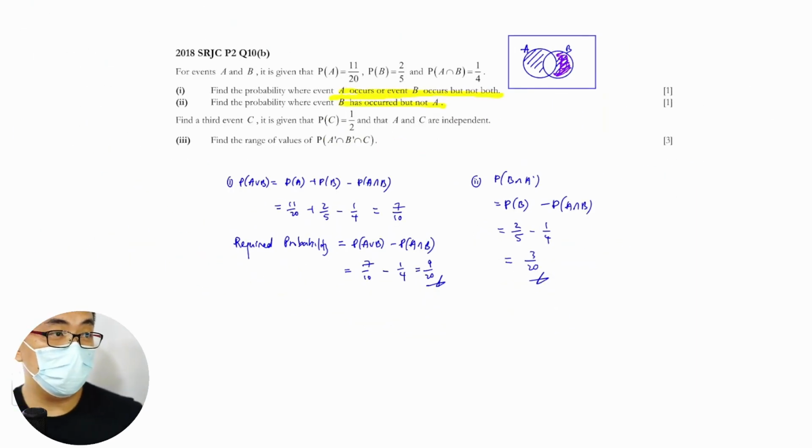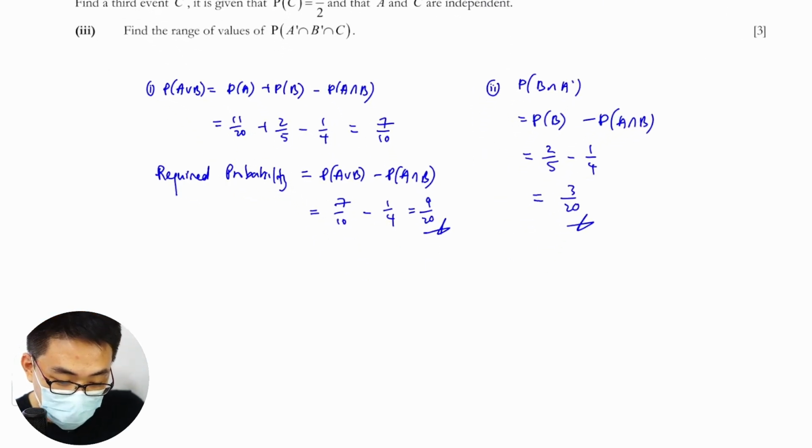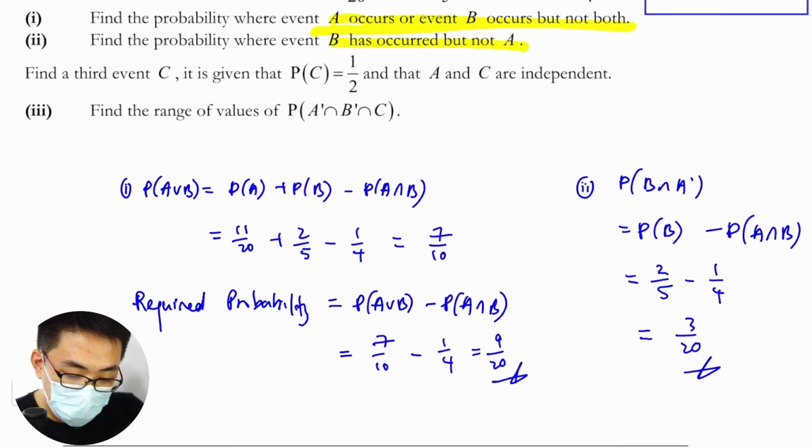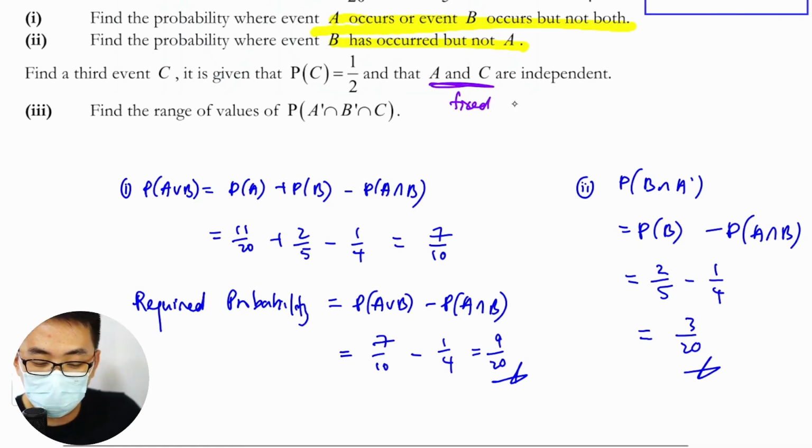Part 3: for a third event C, it is given that P(C) is half and A and C are independent. Now this is where you need to take note. When A and C are independent, it means between A and C they have a fixed relationship.